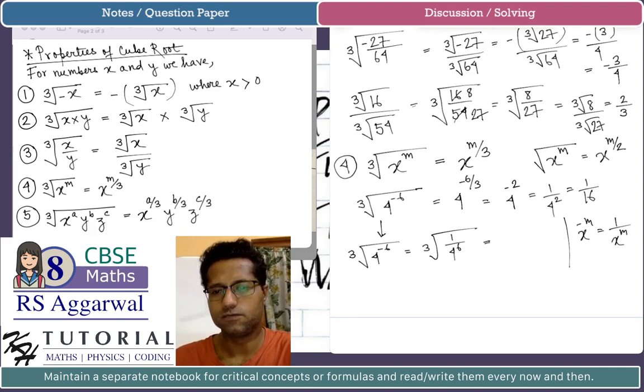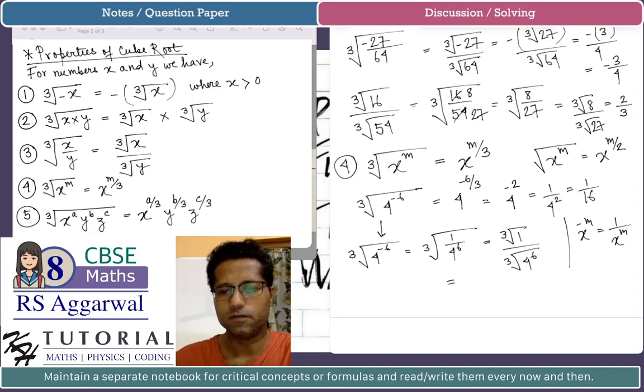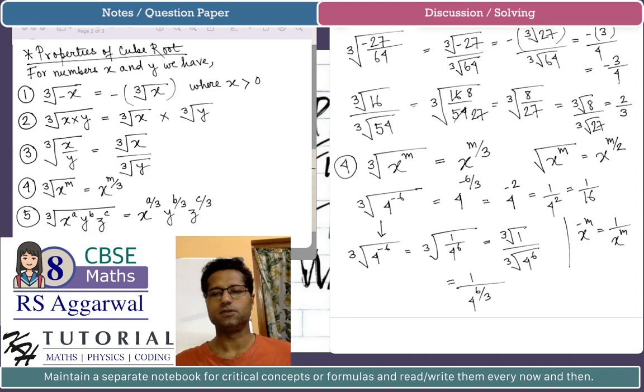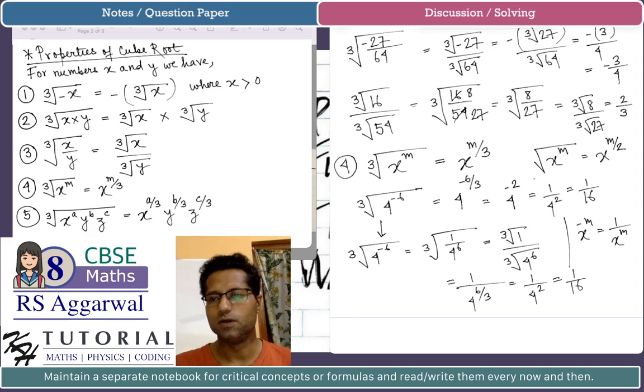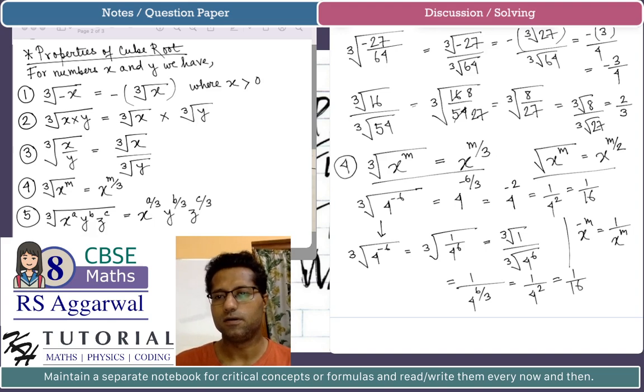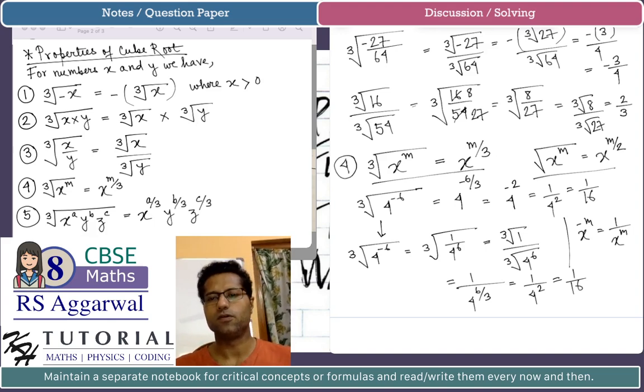Now, this will be cube root of 1 divided by cube root of 4 to the power 6. Cube root of 1 is 1 and cube root of 4 to the power 6 is 4 to the power 6 divided by 3. So, this is equal to 1 by 4 square. This is equal to 1 by 16. So these two formulas are very important, and you should remember or realize this concept.